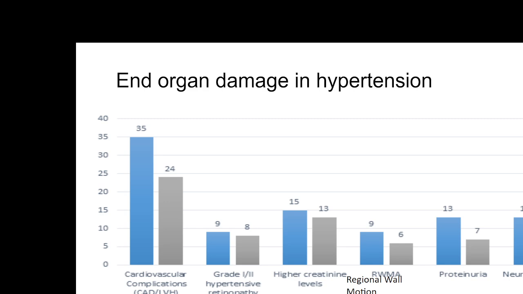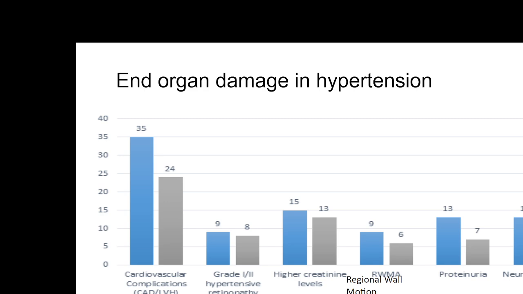There are cardiovascular complications, which are very high in case of hypertension, and hypertension can also produce retinopathy, which has a comparatively lower incidence than the cardiovascular ones. Raised creatinine levels resulting in renal pathology are again one of the complications, and regional motion abnormality in the heart, that is, myocardial movement, is another complication which can occur.